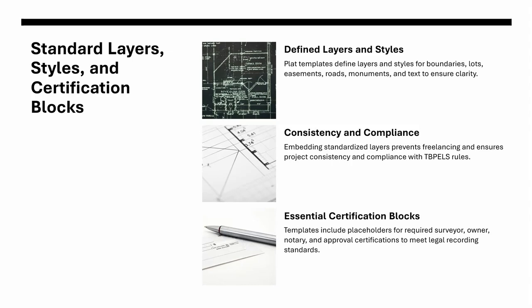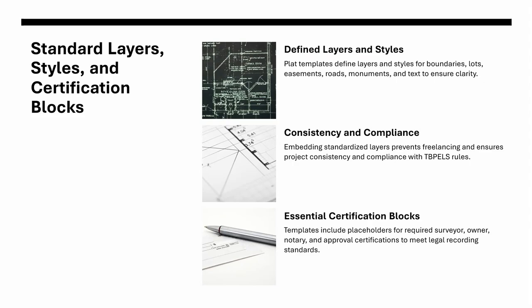And this is where your Lab 4 practice really comes into focus. A proper plat template defines the layers and styles for every major feature. Boundary lines: bold, continuous, distinct. Lot lines: lighter than our boundaries but still clear. Easements: dashed or dotted per TSPS conventions. Center lines of road: long dashed lines with consistent annotation.